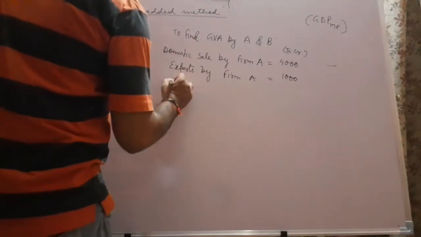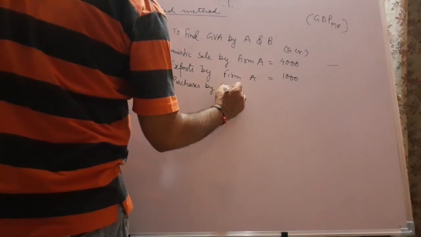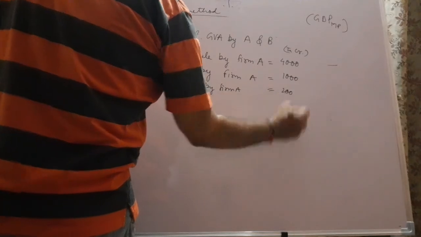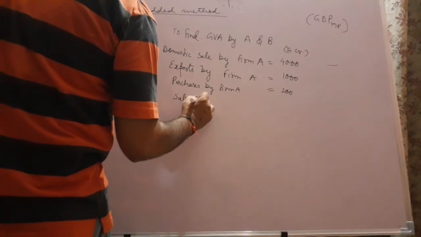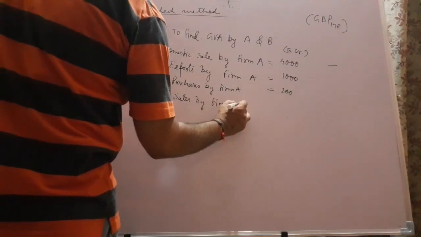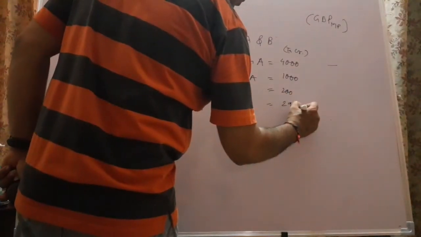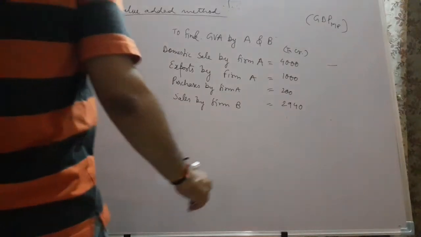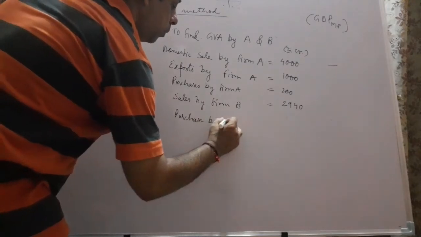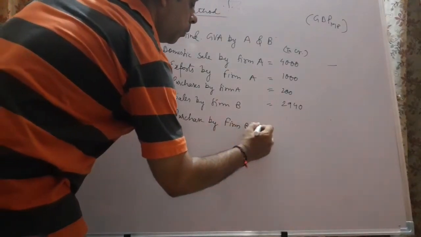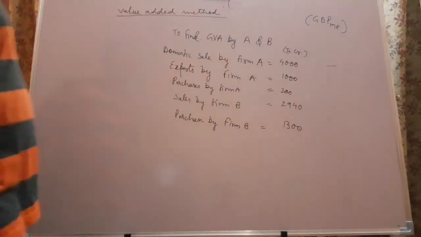Purchases by firm A, 200. Sales by firm B, 2,940. Purchase by firm B, 1,300. So these are our particulars.